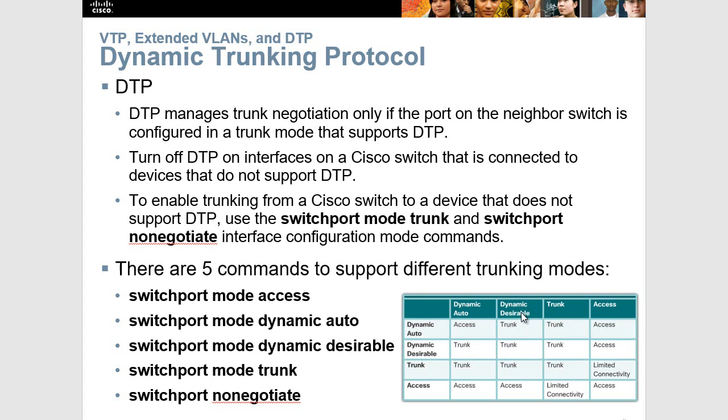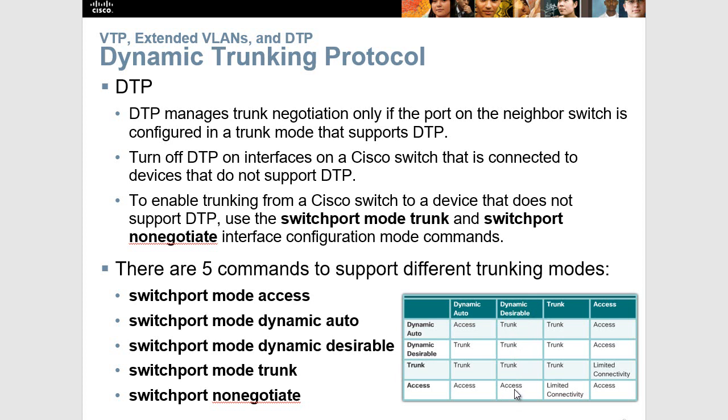Okay, auto, if you have two autos, you get access here. If you have an auto and an access, of course, you get access. But if you have an auto and a desirable, you get a trunk. So desirable means you want to form a trunk unless told otherwise, basically. That's what desirable kind of is doing there. Because as you can see, dynamic desirable is going to give you a trunk for everything except access.